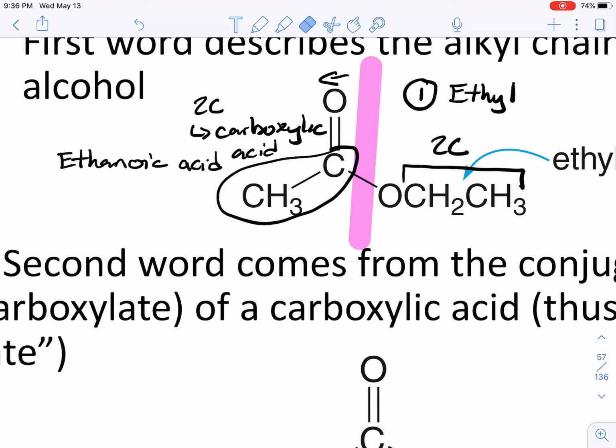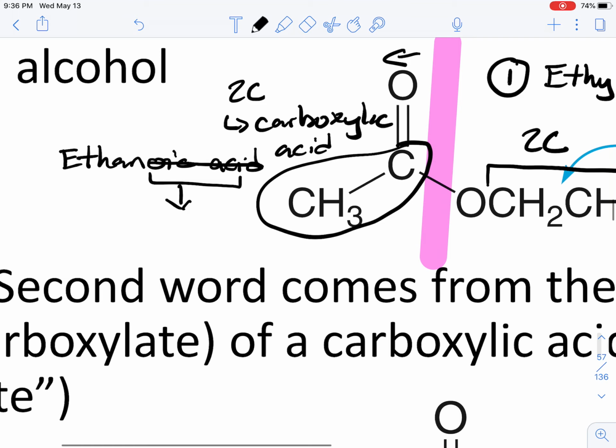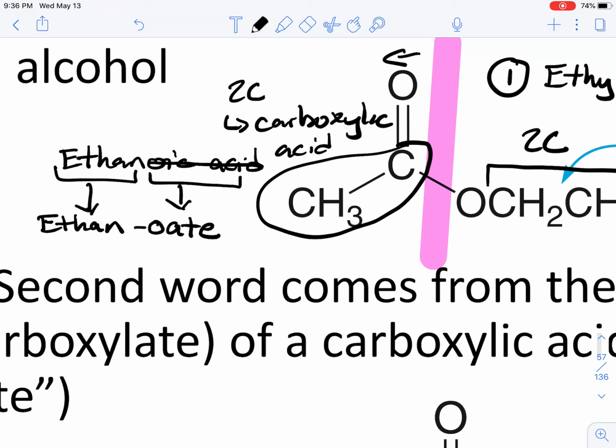And since we're using the carboxylic acid end as our quote-unquote parent chain for the ester, we are going to modify the suffix. So instead of saying ethanoic acid, this whole word that I just crossed out is going to be substituted with -ate. And so if I bring this prefix down, I simply get ethanoate.